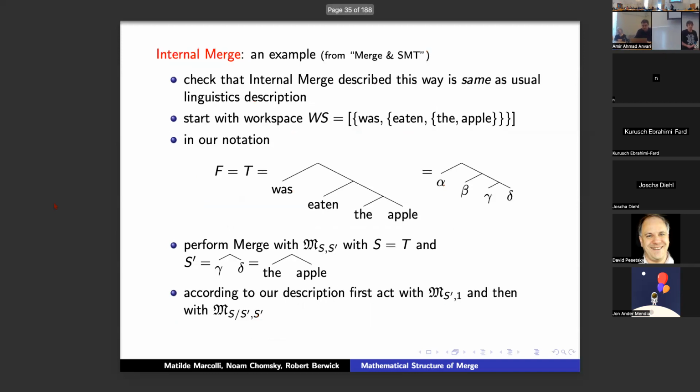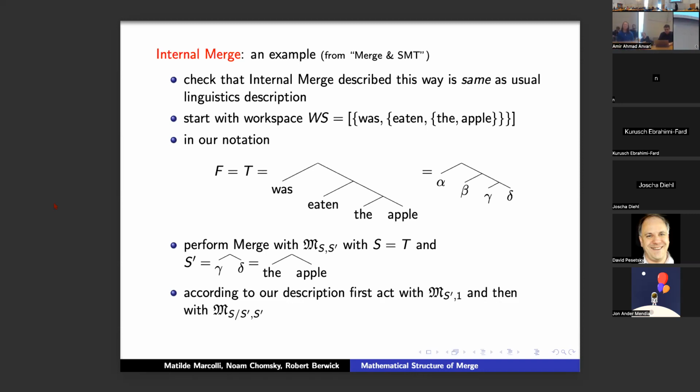Okay, so let me just go through an example. I'm trying to always use the same examples that are also in the minimalist thesis book, so that one can see exactly how they match with the different notation. Now use the same example that we had before, the apples. This is formed as a syntactic object. We start with a workspace that has a single syntactic object in it, which is this tree, the apple.